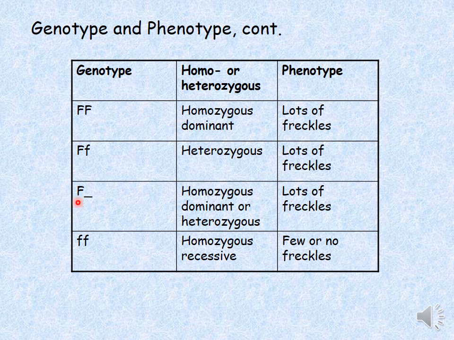But we've already talked about it, so there's no reason to have this row here. But for homozygous recessive at the bottom, the genotype is little f, little f, and the phenotype will be few to no freckles.